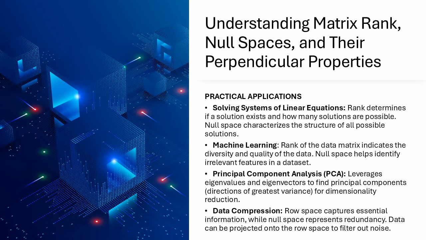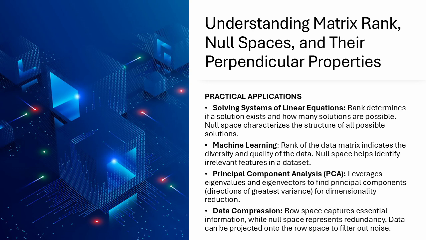So let's dive a bit deeper into why this matters. How does understanding this interplay of rank and null spaces and perpendicularity help us in practical terms? Imagine you're trying to solve a system of linear equations. The rank tells you whether you have enough independent equations to even find a solution, and if so, how many solutions there might be.